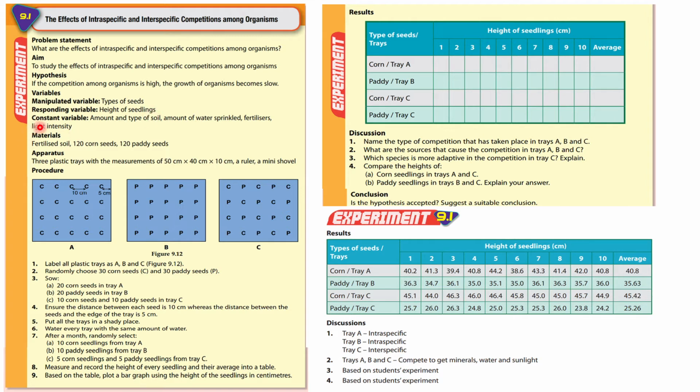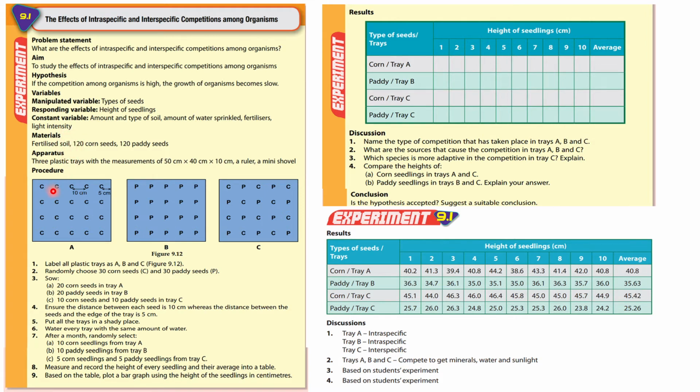Okay, other variables that must be fixed, that stay constant, involve the amount and also type of soil, and also the amount of water sprinkled, as well as the presence of the same fertilizers, for example, and also light intensity. Okay, so the materials and also the apparatus.